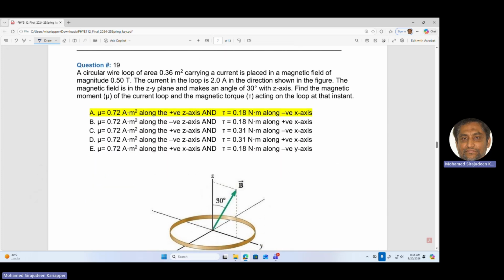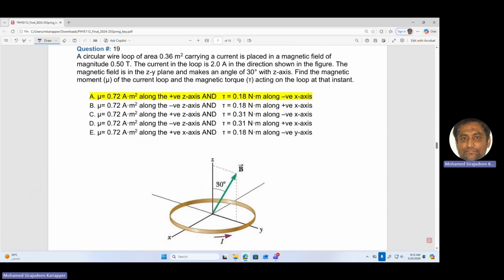Number 19. A circular wire loop of area 0.36 meters square, so that is the area of the loop, carrying a current, is placed in a magnetic field of magnitude 0.5 Tesla.